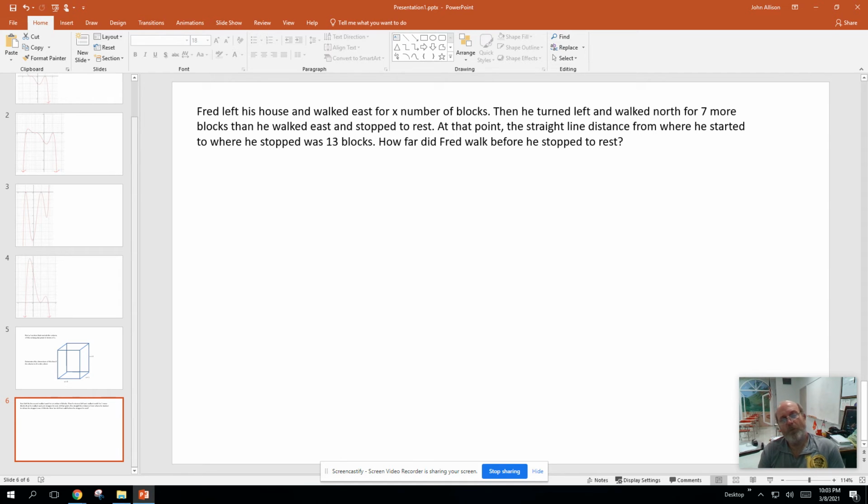Here, we have a word problem that says Fred left his house and walked east for x number of blocks. Then he turned left and walked north for 7 more blocks. Then he walked east and he stopped to rest.